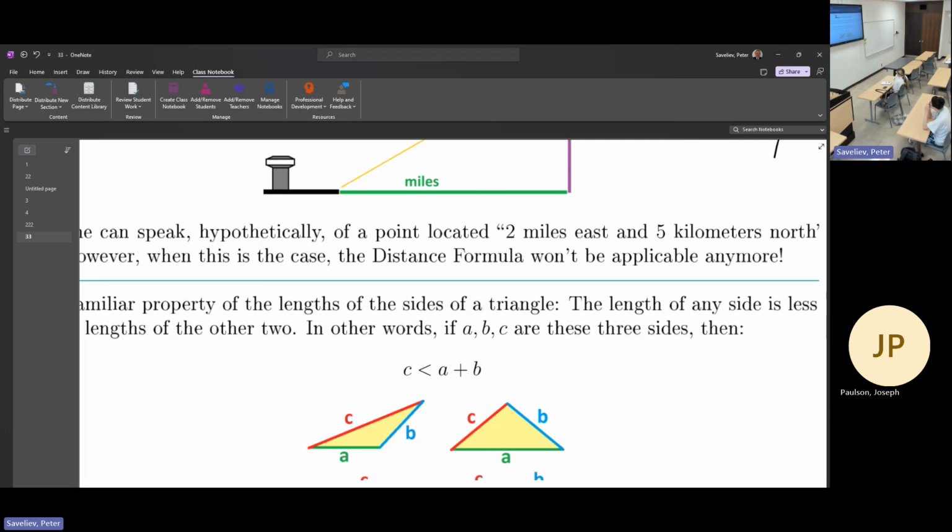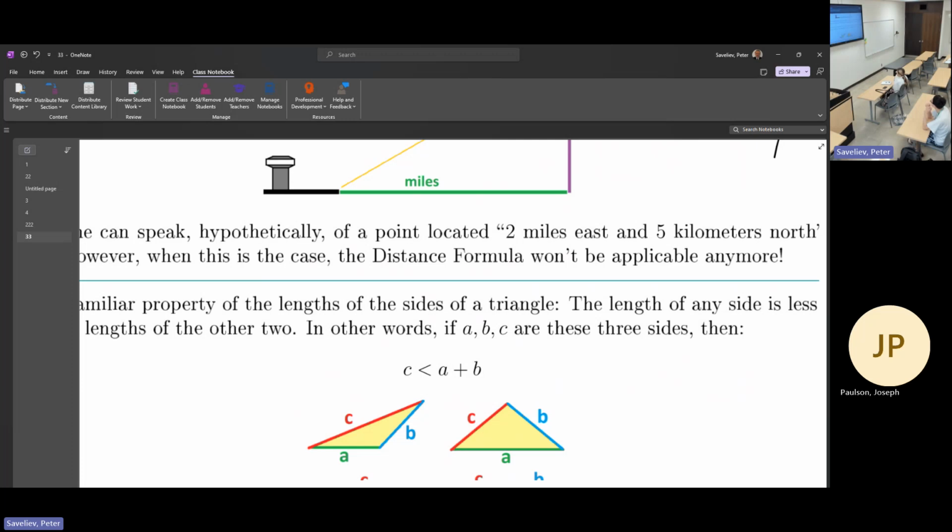Any comments? C is less than A plus B. That doesn't ring a bell? Would it be that the length of one side is always going to be less than the combination of the other two?